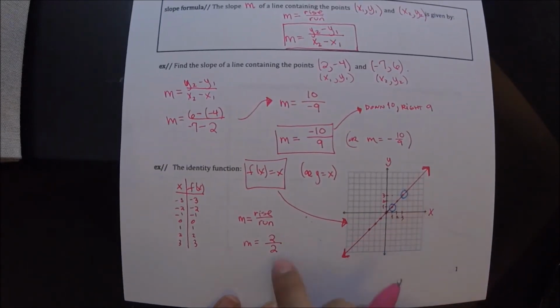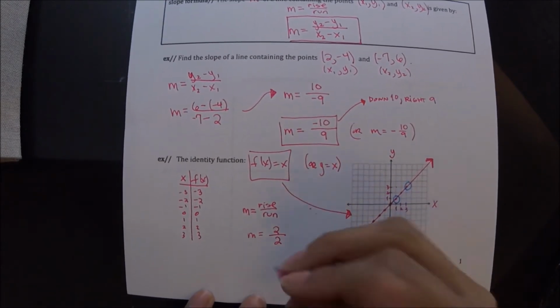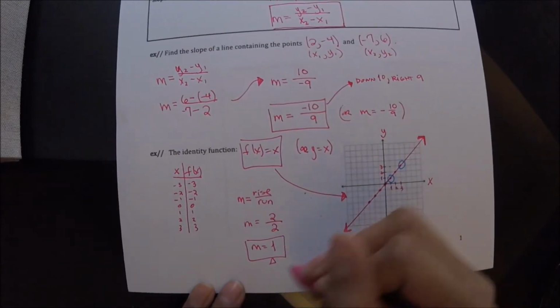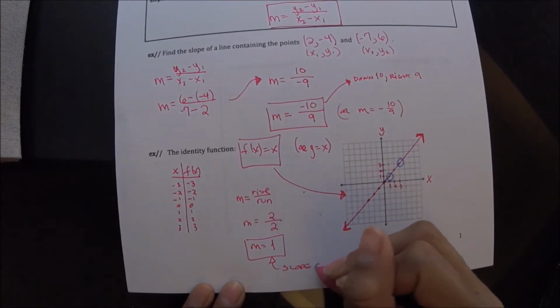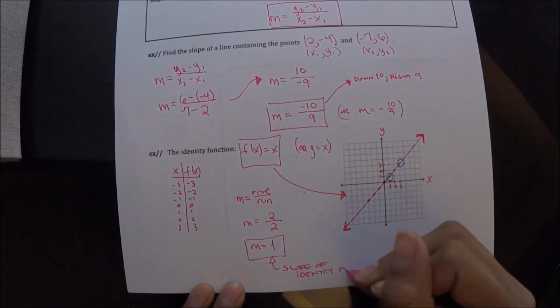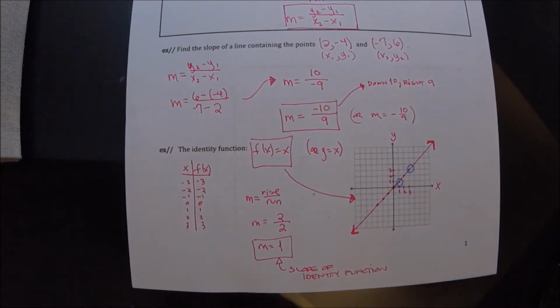So from here to here, it rises positive 2 and then runs positive 2, and that reduces to 1. So this is the slope of the identity function. So that was just to demonstrate the different properties of the identity function.